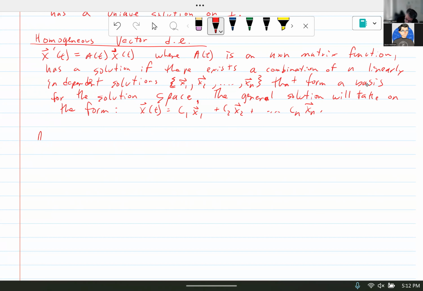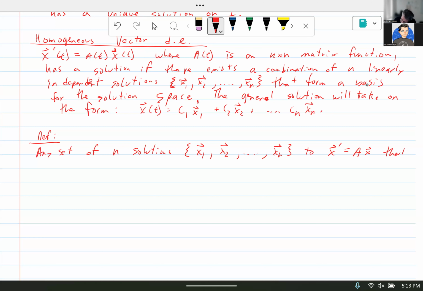Definition. Any set of n solutions x1, x2, dot dot dot, xn to x prime equals Ax that is linearly independent is called a fundamental solution set.